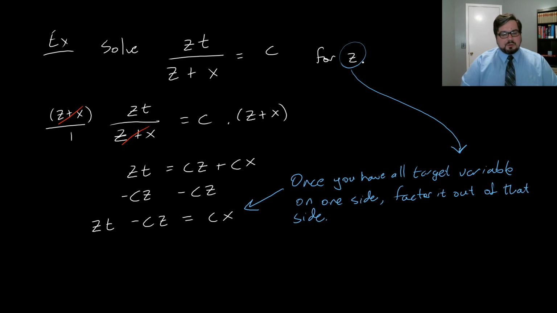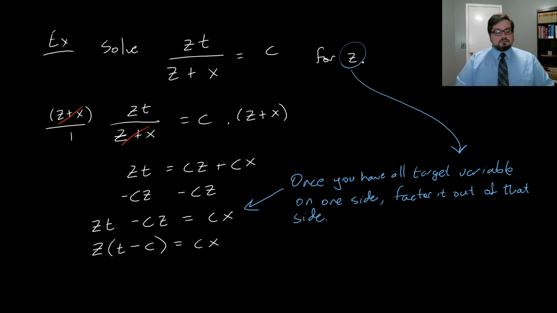So we're going to factor out using factoring of greatest common factors. So on the left-hand side of the equation here, we have a z in both of the terms. We have a zt and a cz. So we can factor a z out. This is the same as z times t minus c. And remember that factoring is just reverse distribution.